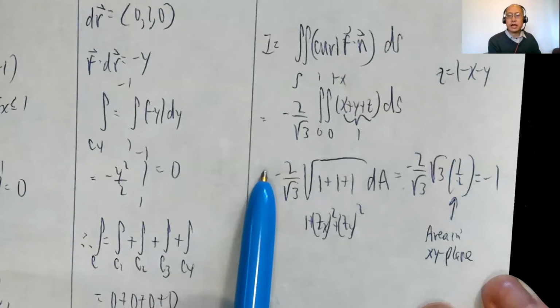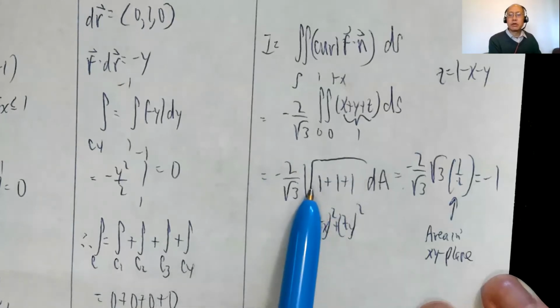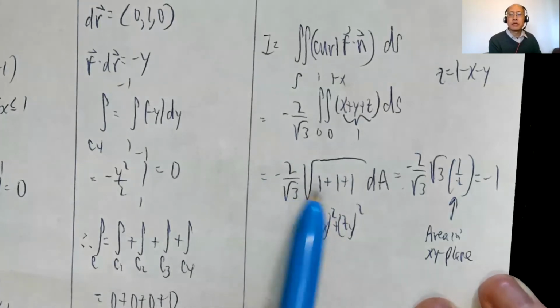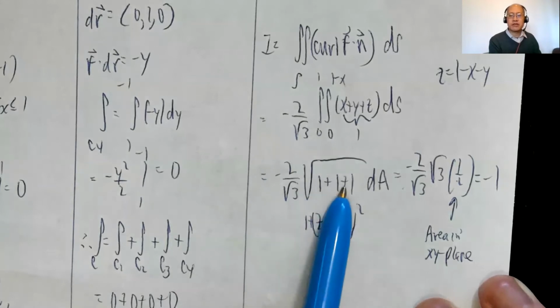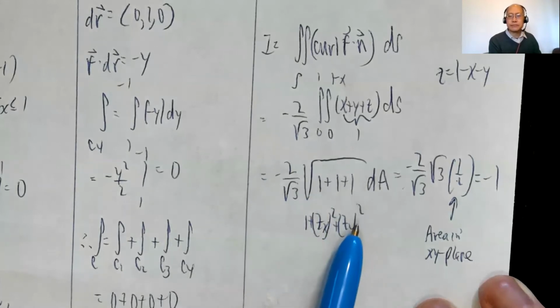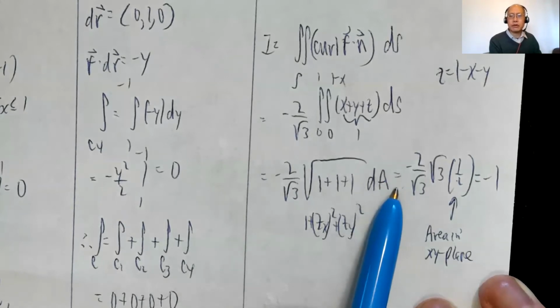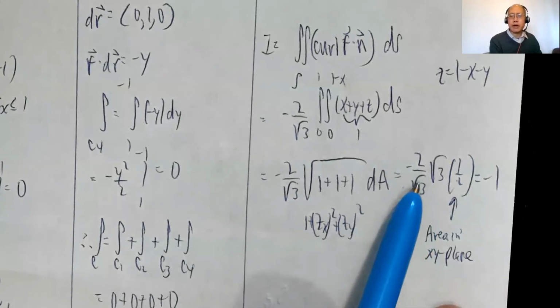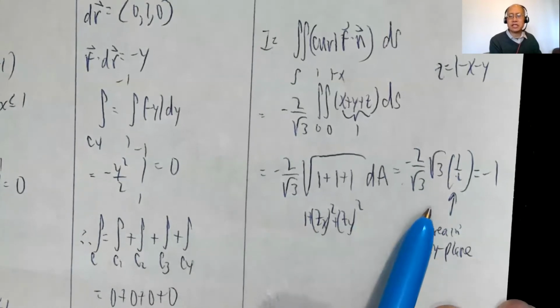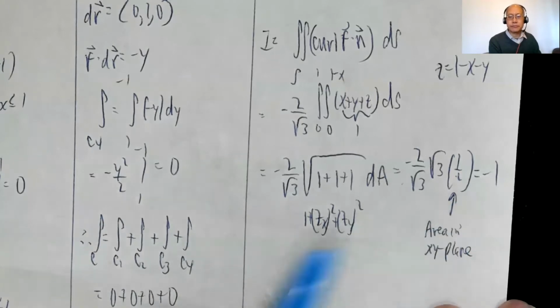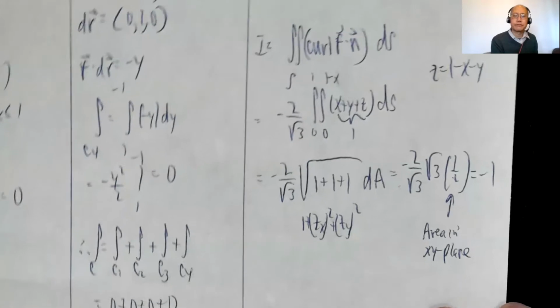Therefore, I can use the formula negative 2 over radical 3 square root of 1 plus (-1) squared plus (-1) squared dA, or negative 2 over radical 3 times radical 3 times a half. That's the area in the xy plane of this object, and that comes out to be negative 1. This was 1 plus z sub x squared plus z sub y squared.